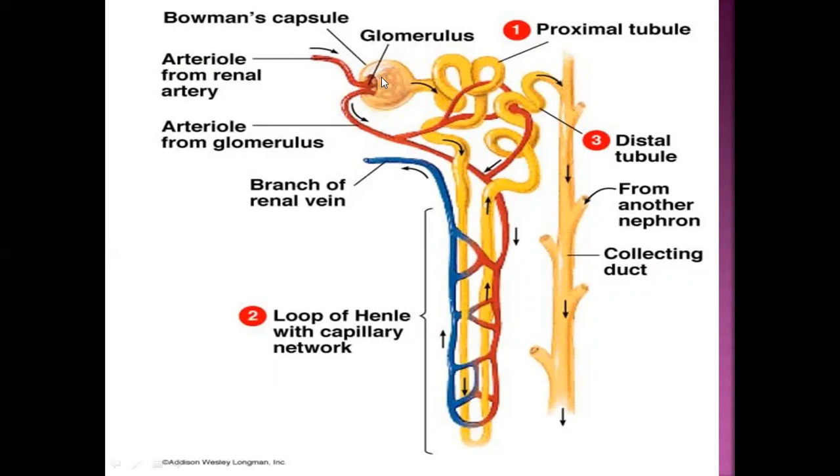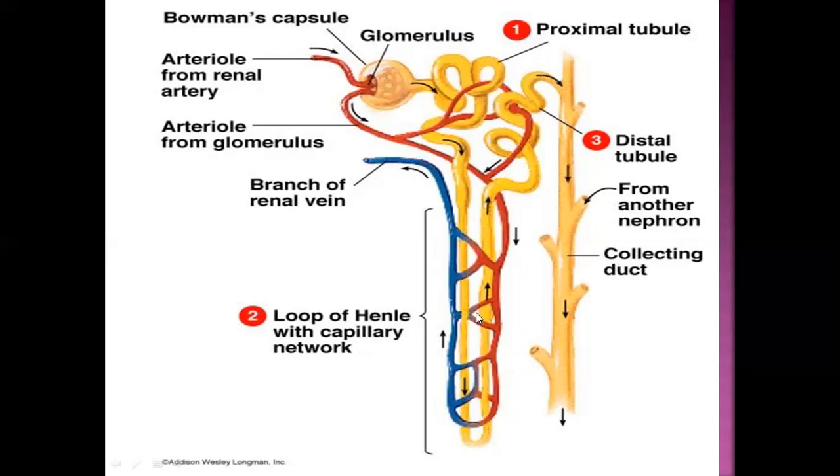Arterioles from the renal artery come back from the glomerulus and make a network on the proximal and distal convoluted tubules. The proximal and distal convoluted tubules have a network of capillaries called peritubular capillaries.